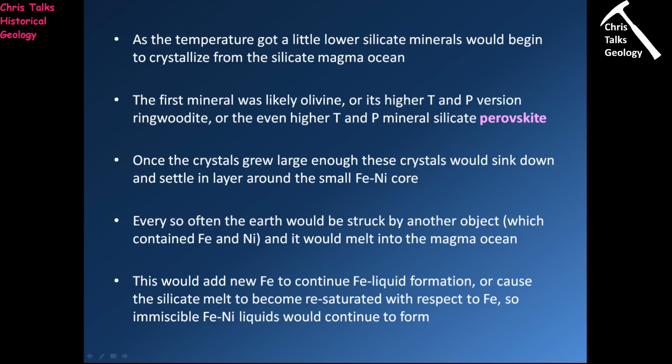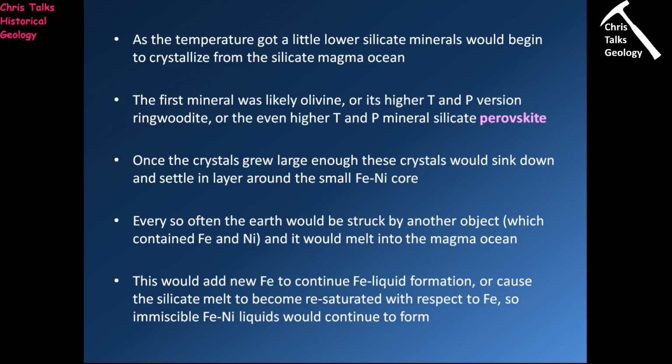As the temperature continues to drop, eventually we're going to reach the point where we start crystallizing silicate minerals out of the magma. The first common silicate mineral that we're going to start crystallizing out from our magma ocean is going to be one of the magnesium iron silicates, the minerals that make up the mantle, because they can stand the highest pressures and temperatures.